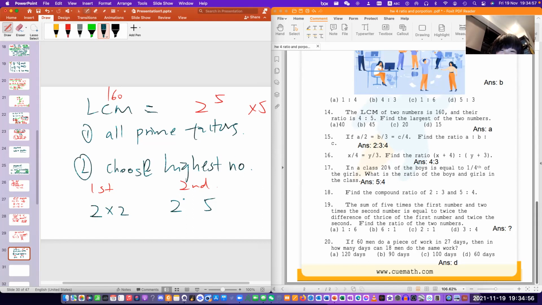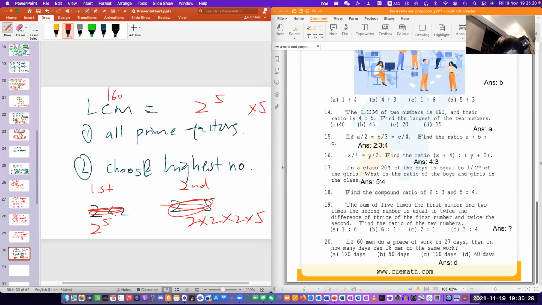All right. So what's your answer? Find the largest of the 2. So your answer is 40. So 40 is 2 times 2 times 2 times 5. That means the first one you are going to have 2 to the power 5. And what is 2 to the power 5? 32.